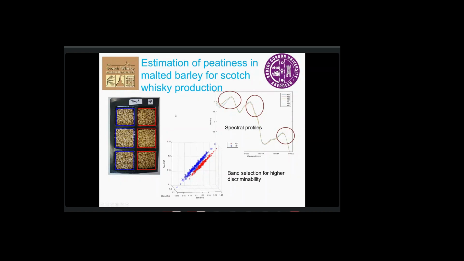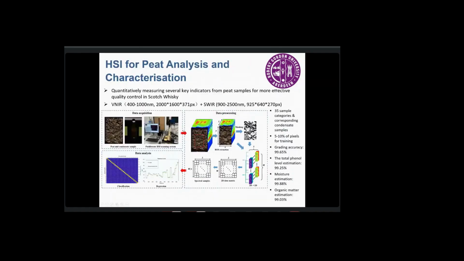So that's why we suggest using hyperspectral imaging to image the samples and then to predict the phenol level concentration using spectral data. We also tried using different bands, that's band selection, to improve the prediction and to see how the phenol level concentration can be predicted.